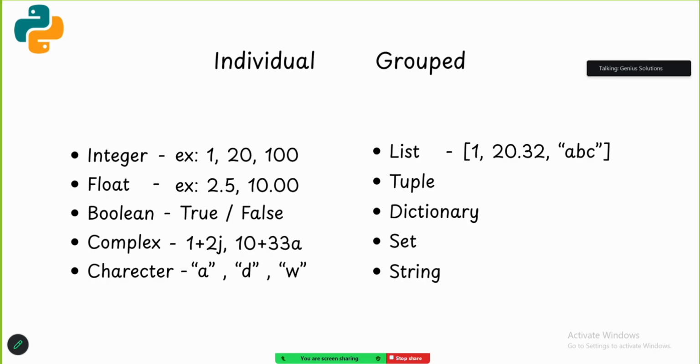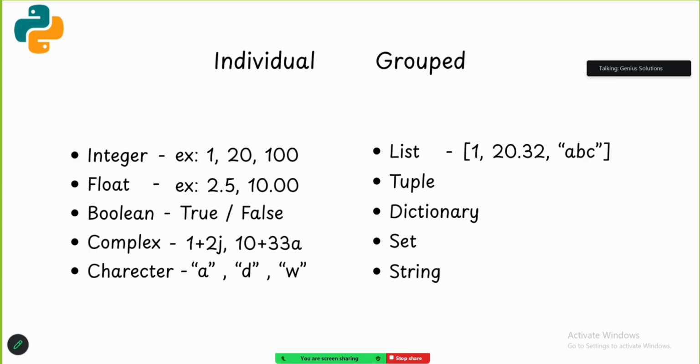First, a list is represented using square braces, right? We will discuss all these grouped data types further. We will have more built-in functions for them. We have multiple built-in functions. We will learn in depth later. Once we are finished with the basics, we will go into in-depth explanation.